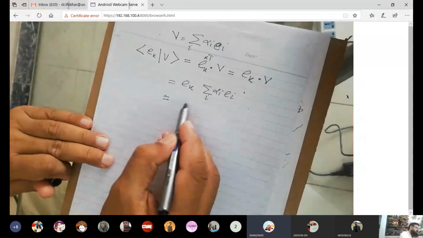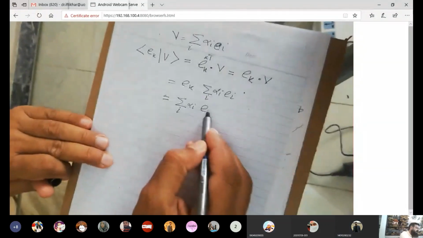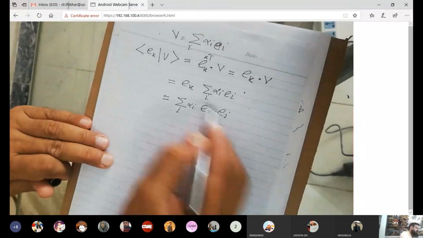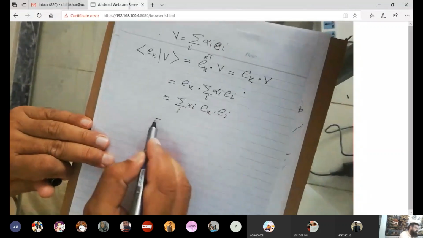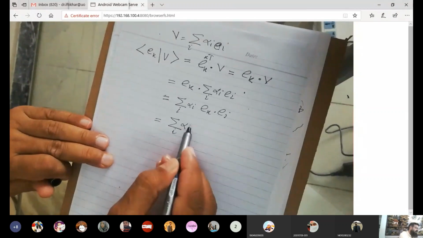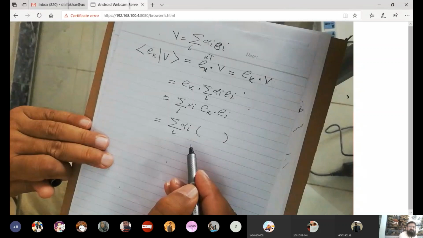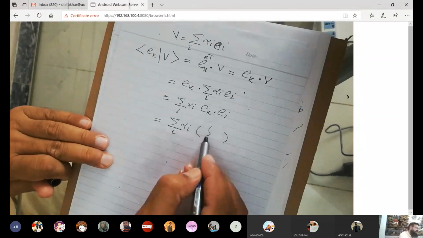And then you can take sigma outside and then e_k dot e_i. Then i equal to alpha i, and then you can put it here. The notation in the previous slide, I already told you, is delta i k.